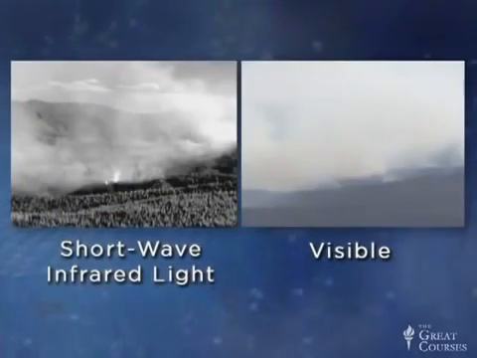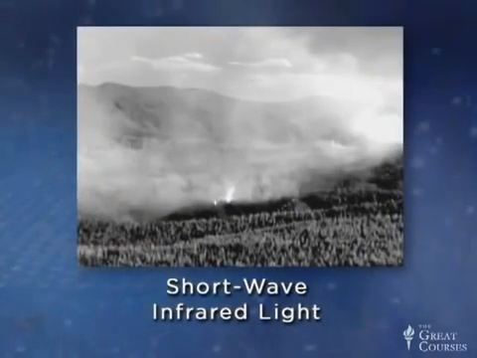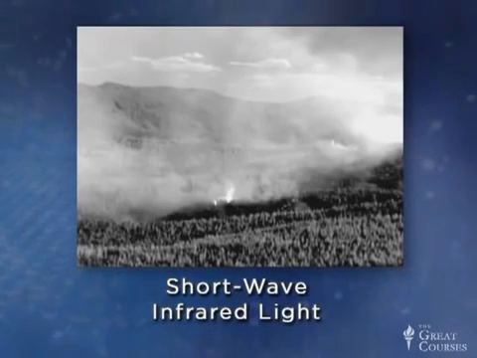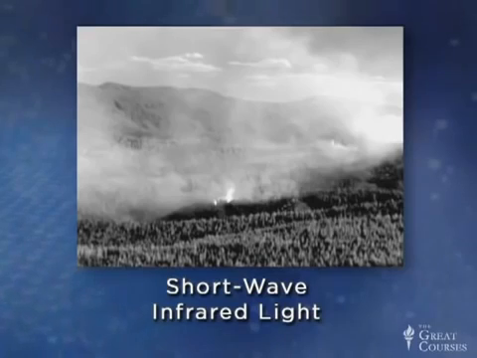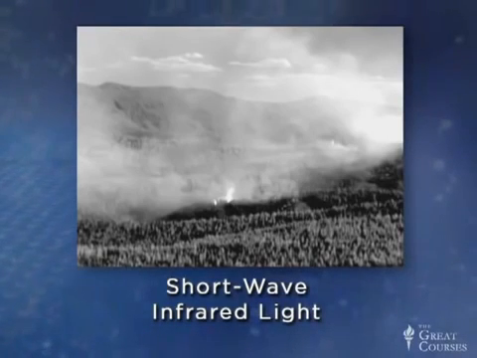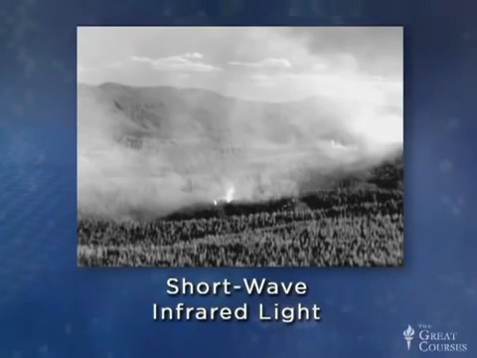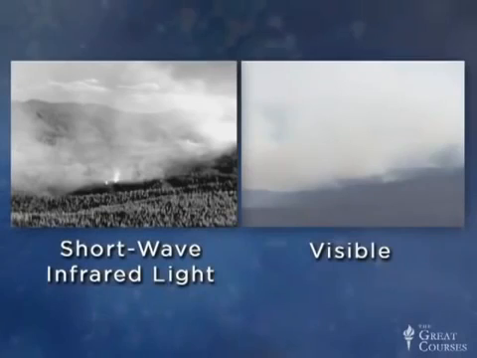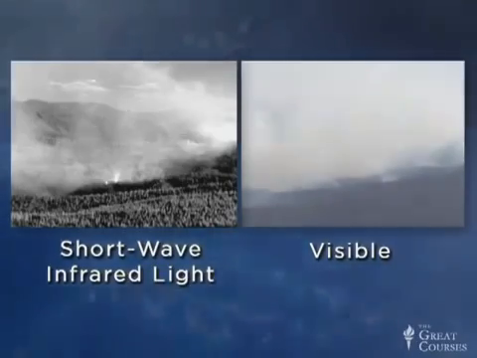But on the left, you can see what happens when you're able to take an image in the infrared wavelengths. As a result of the different interactions of these different wavelengths with the particles that reside within the smoke, we're able to see through the smoke all the way to the fire. And so we're able to get more information about the scene, more information about our physical universe by going to different spectral regimes in the electromagnetic spectrum.